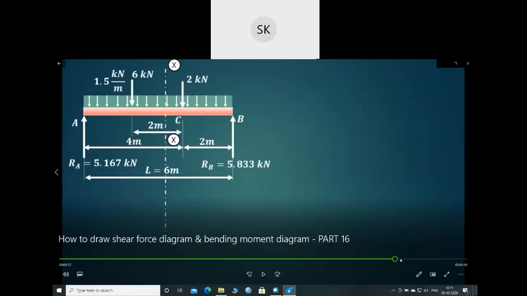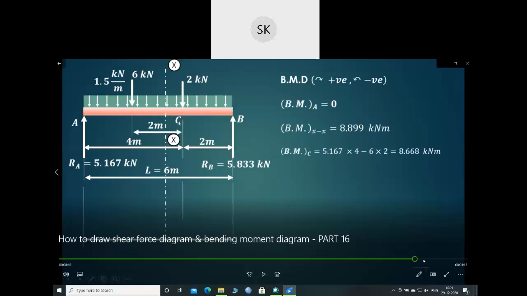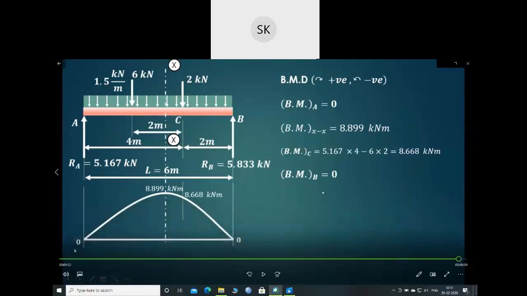In this equation also, you can find where your bending moment is 0. Bending moment at A will be 0. Bending moment at XX will be this one. Bending moment at C will be this one, and bending moment at B will be 0. So from these values, you can draw a bending moment diagram this way. Practice by yourself and go through this video. You will understand. I'm stopping sharing my screen.